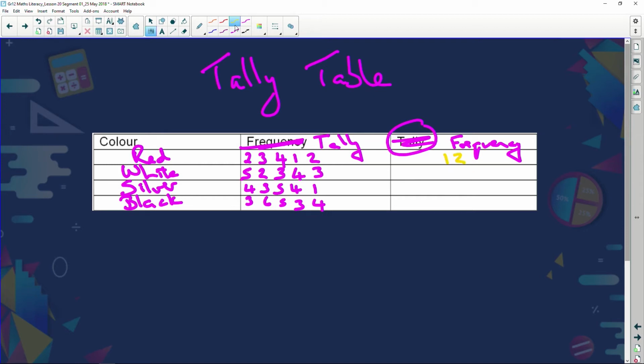Okay, let's use a much nicer color than that. 12, so we can all see it nice and clearly. 5, 7, 10, 14, 17. 4, 7, 12, 16, 17. 3, 9, 14, 18, 21. Cool. This tally table. Now, normally with tally tables, we wouldn't always use numbers. We'd use little dashes, and I'll explain that to you shortly.